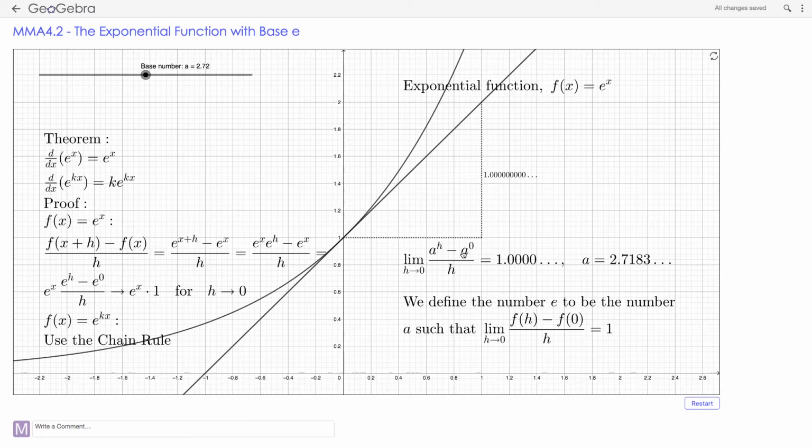Or it's just this, in fact, right? With a being equal to e, over h. But this e was defined exactly to be the number having this fraction tending to 1. Agree? So this is a constant, doesn't change when h changes, and the other part tends to 1. So e to the power x times 1 is just e to the power x.